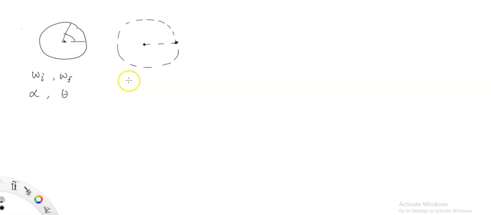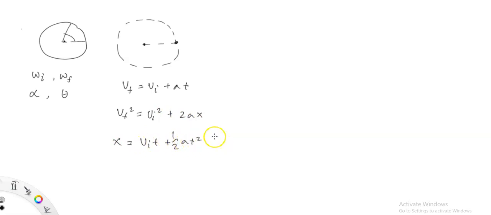So in kinematics, we have this set of equations that you are familiar with. V final equals V initial plus at. We have V final squared equals V initial squared plus 2ax. Then we have x equals V initial t plus half at squared.